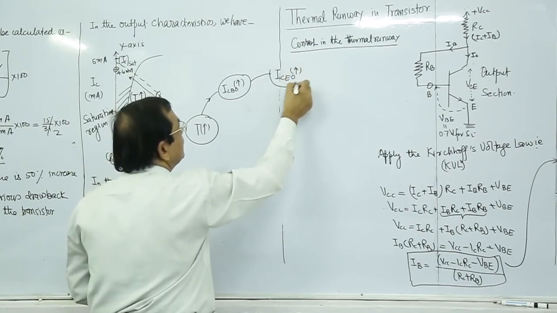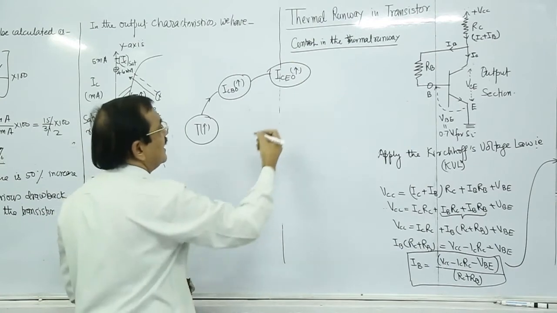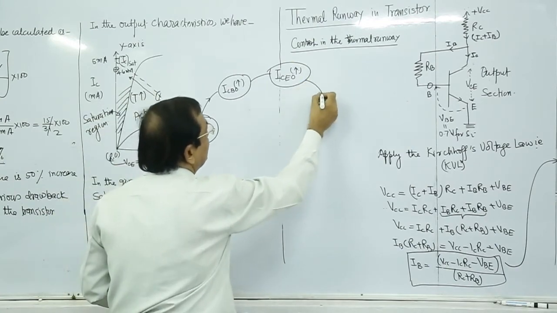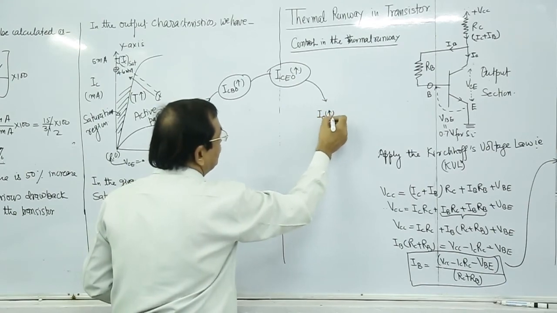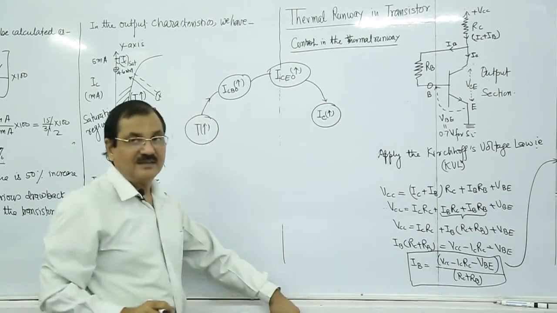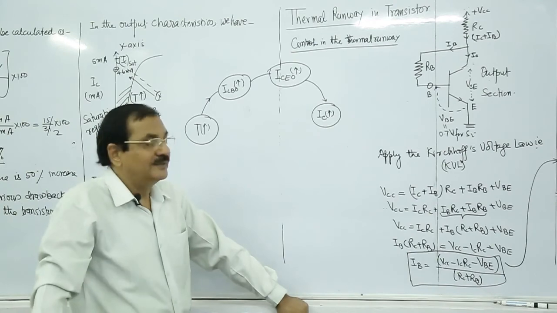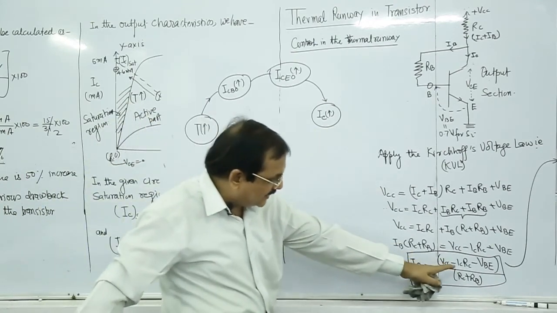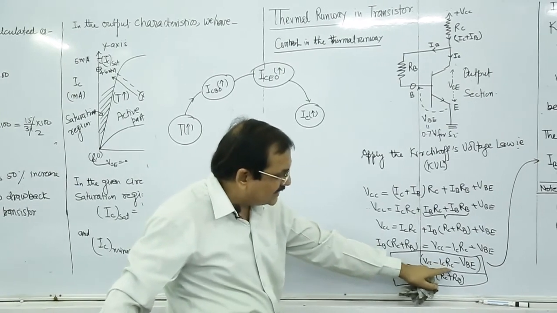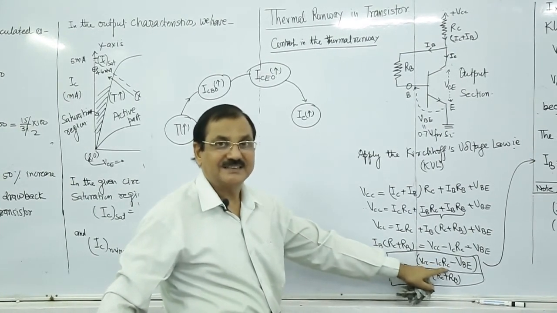ICEO will increase, and this ICEO increase increases IC. If IC increases, then in minus ICRC, this factor will decrease.